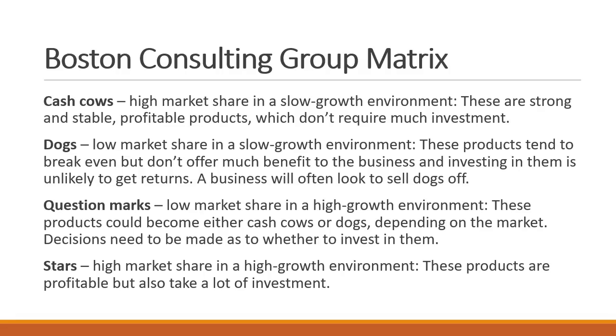And we have to decide how we want to try to increase that market share. And then stars are our high market share in a high growth environment. These are products that are profitable, but we still need to continue to market them to keep them profitable.